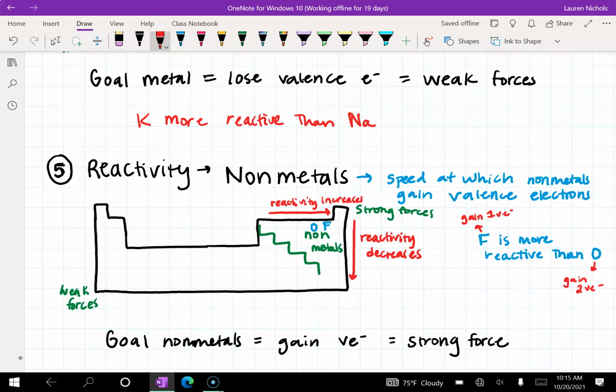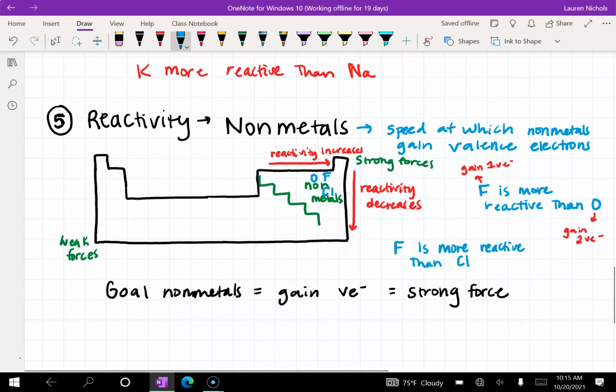So it's just going to take more time. But when we're comparing within a column, so maybe fluorine versus chlorine, we would say that fluorine is still more reactive than chlorine, and it's because of those stronger attractive forces.